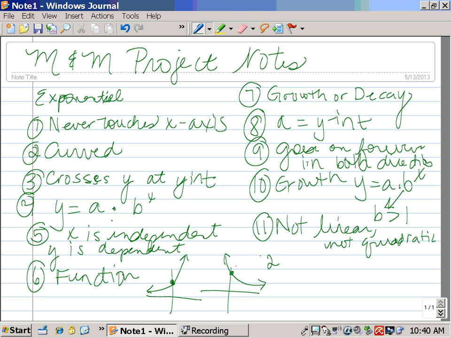If you're talking about decay, the b, she said has to be less than 1, but I'm going to add one little thing. It has to be between 0 and 1, not including the 1. Between 0 and 1.